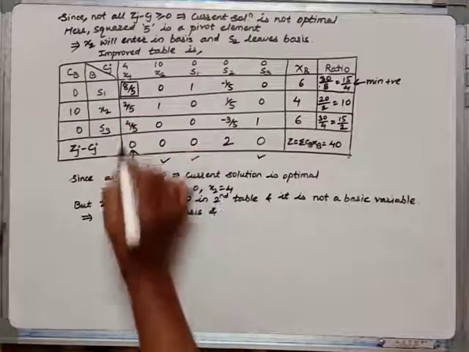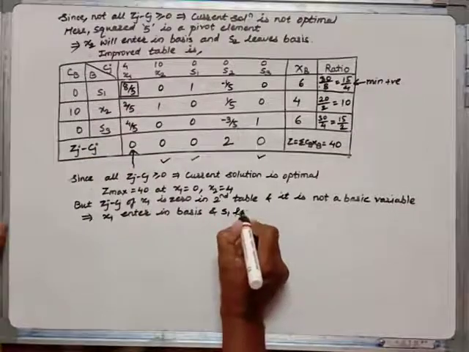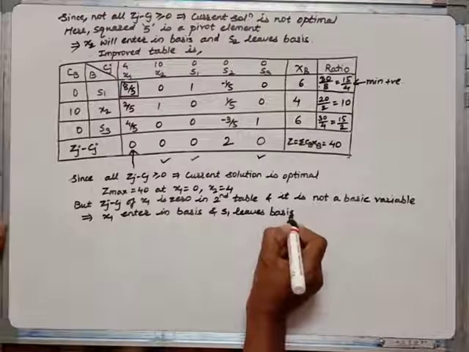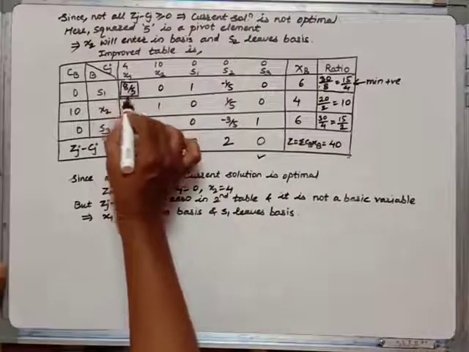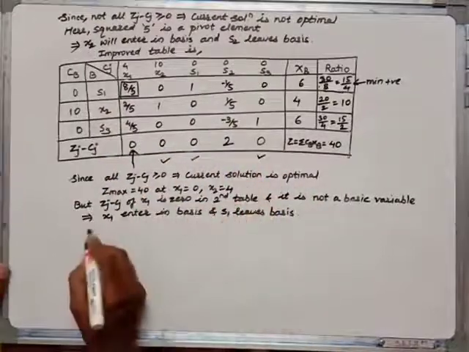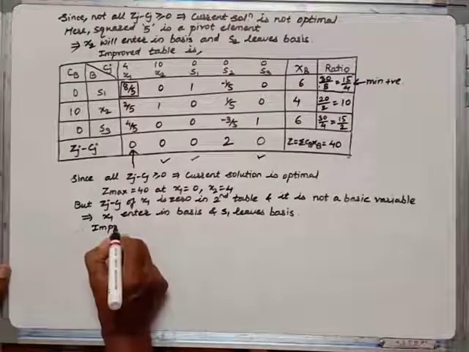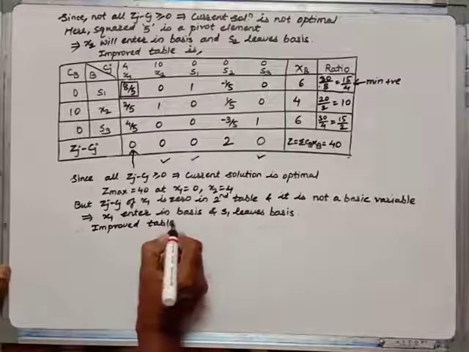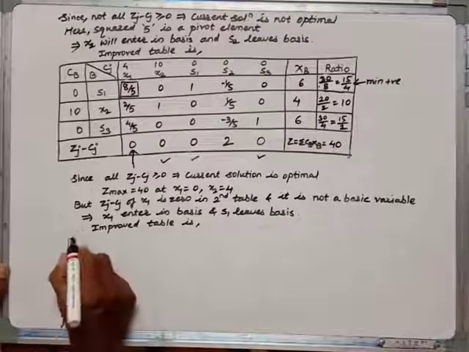So what can we say? X1 enters the basis and S1 leaves the basis. Okay. Now let us do some pivot operation. We will make it 1, others 0. Let us check what is the solution. Therefore the improved table is: now let me make a table here.